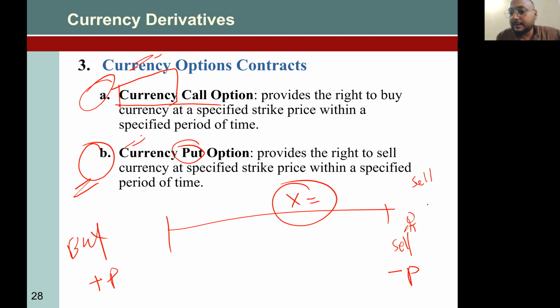If at the end the market price is high, seller will not sell you, seller will sell in the market. If in the market the expected spot rate is decreased, if in the market is selling low, then seller will sell you high because buyer is obligated to purchase.